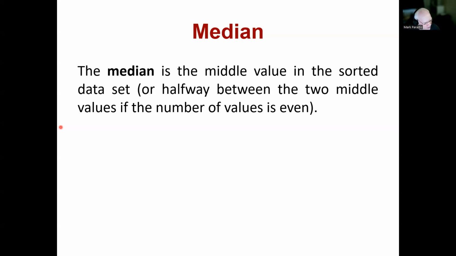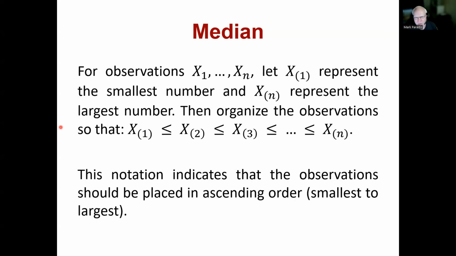It's the most common. It's the middle one, but it doesn't necessarily reflect the pattern that we're seeing in the observations. So it has a lot of advantages, but it also has certain disadvantages.